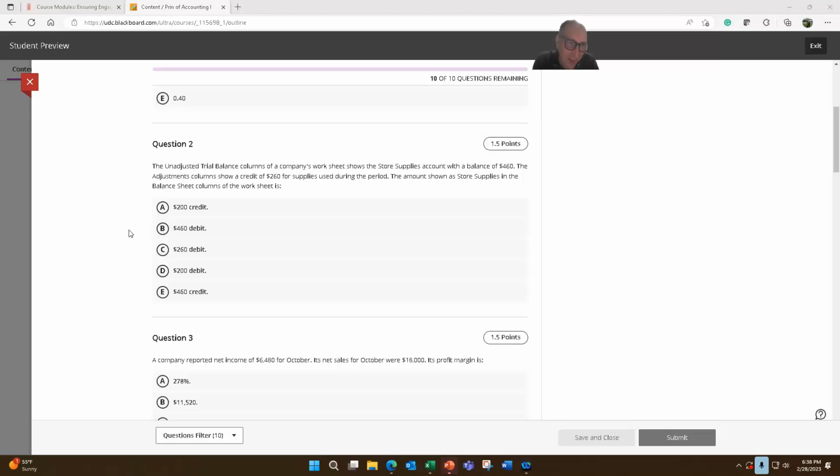Welcome. Question 2, unadjusted trial balance columns of a company's worksheet shows the store supplies account with a balance of $460. The adjustments column shows a credit balance of $260 for supplies used during the period. The amount shown as store supplies in the balance sheet column of the worksheet is... So this is taking into consideration adjusting entries.